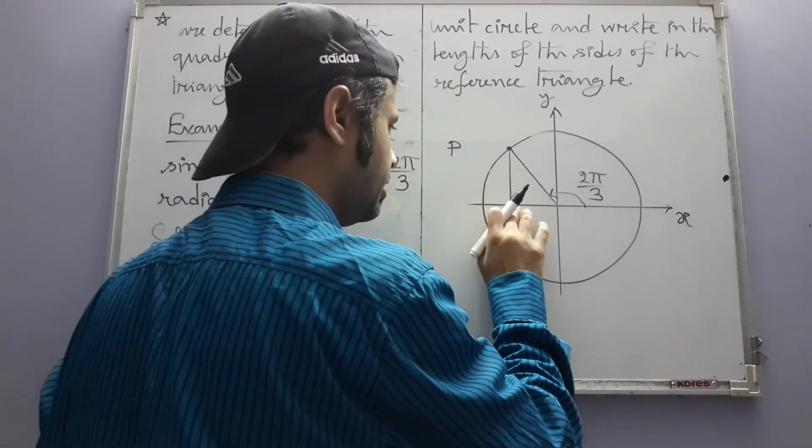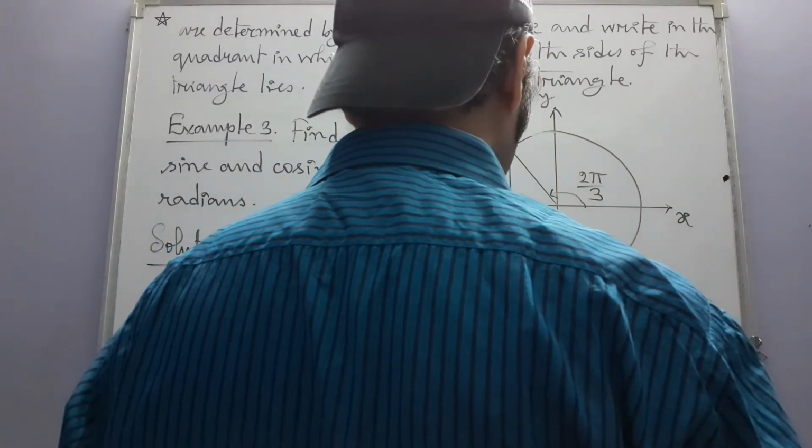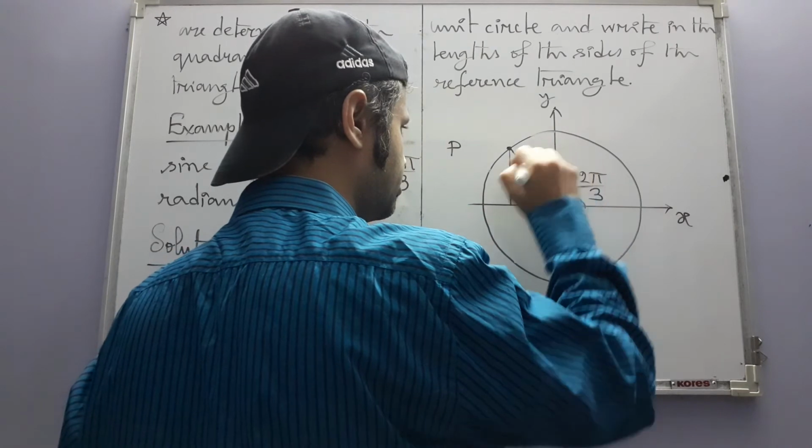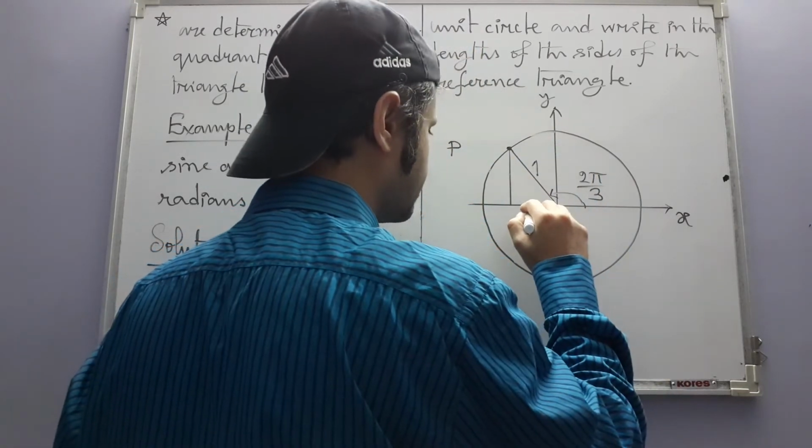Now it will be seen either from direct measurement or simple Euclidean geometry that the side lengths are like this.